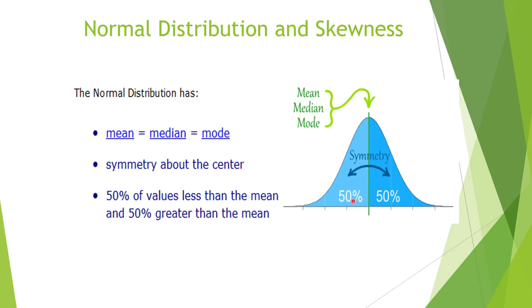That means 50% on the left-hand side, 50% on the right-hand side. When I say 50%, I'm talking about 50% of the area. And 50% of the area means 50% of data points on the left-hand side, another 50% of data points on the right-hand side.